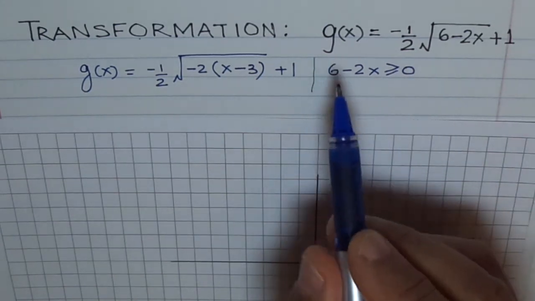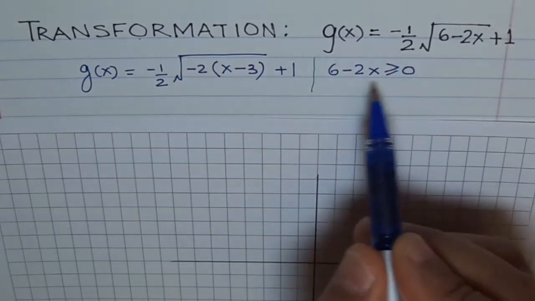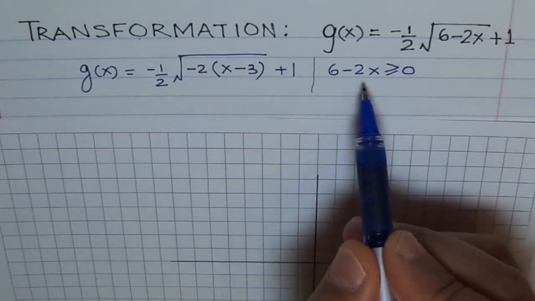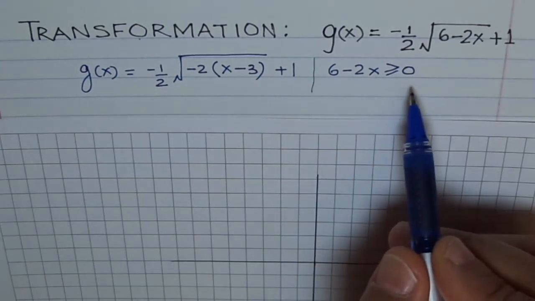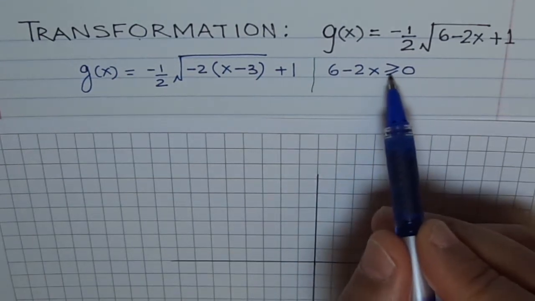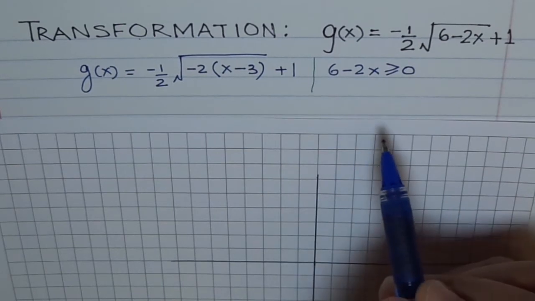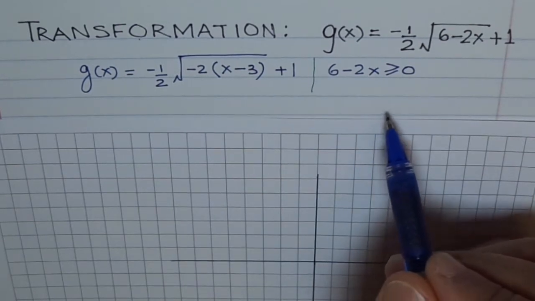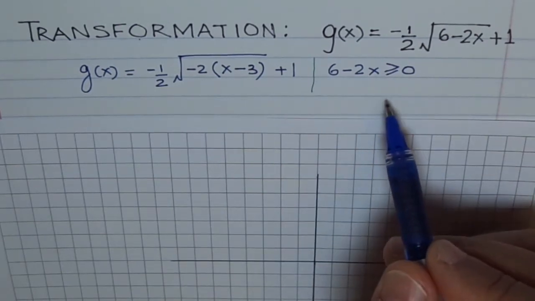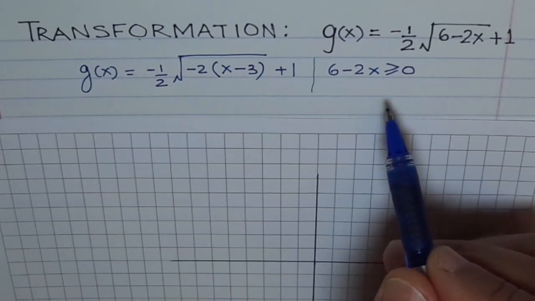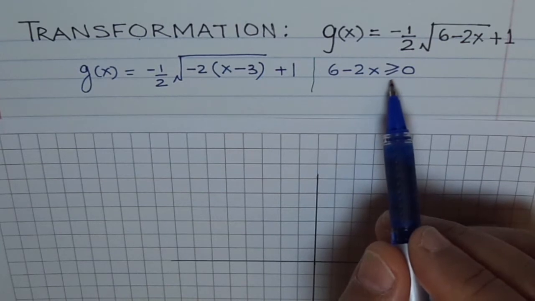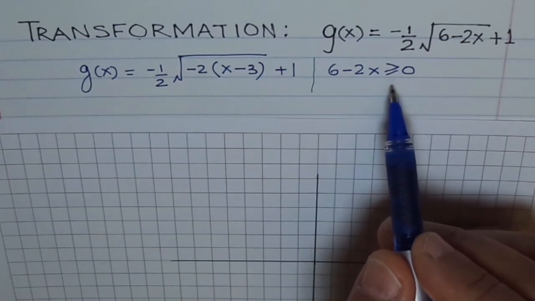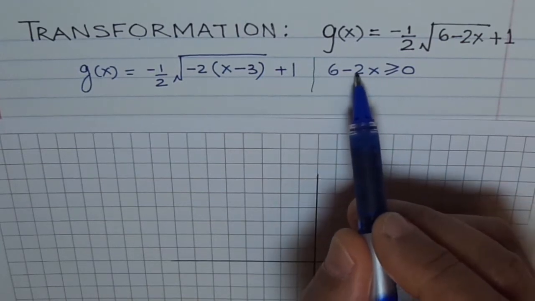Reason being, if I bring 6 this side, I am left with minus 2x. Next step is divide by minus 2. But when you divide by minus 2, most students forget to change the sign. That's another mistake. Well, so we can do that way. But remember, if you divide or multiply by minus, you got to change the sign. I'm not taking these chances here. So I will do this.